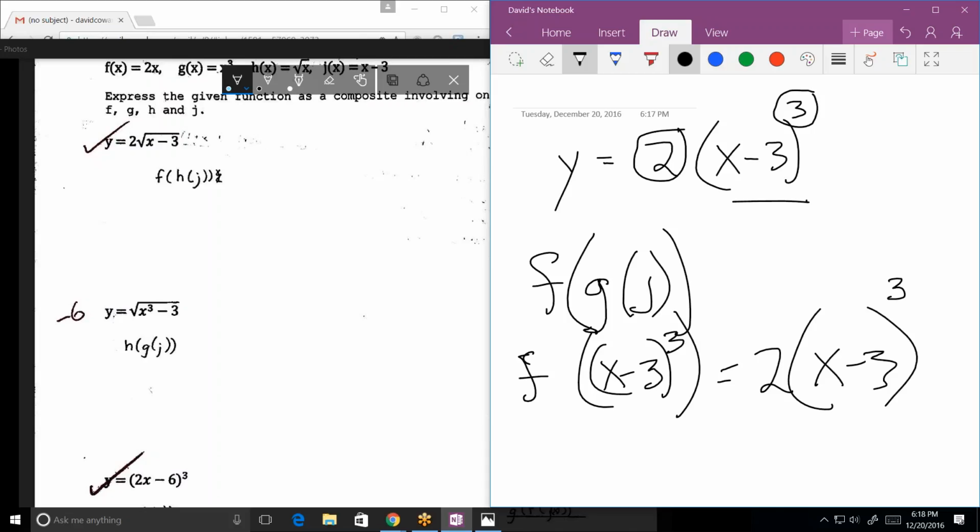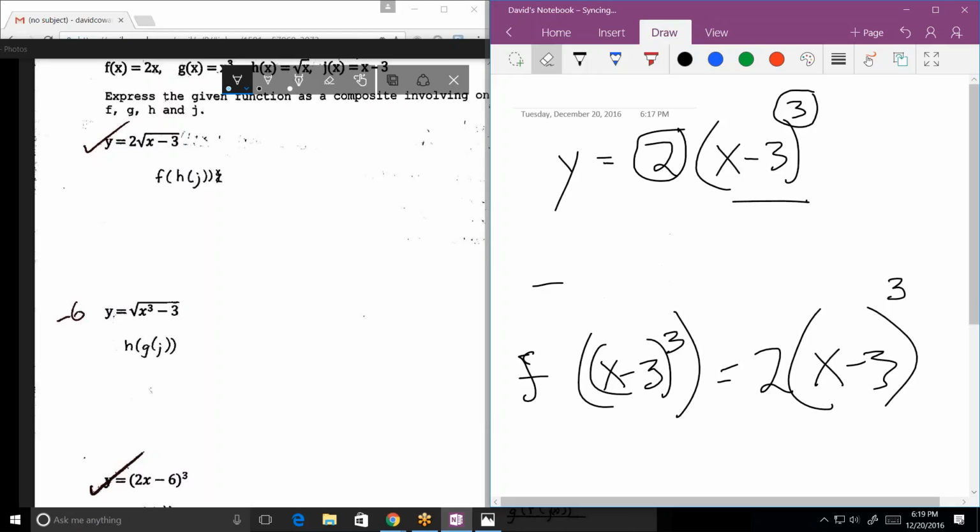Notice that this 2 that I got here is not being cubed, whereas I can't factor that 2 out in the beginning because it's all being cubed. So it's not f of g of j. It's the same 3 functions, but I got them in the wrong order. In other words, I don't want to factor that out first.